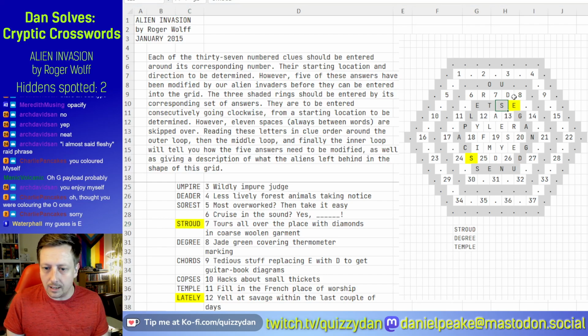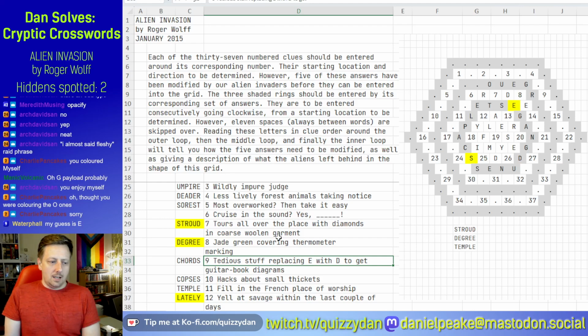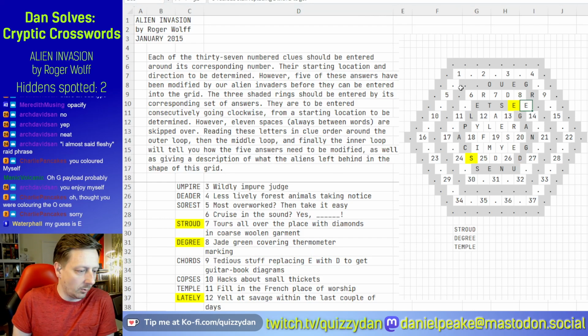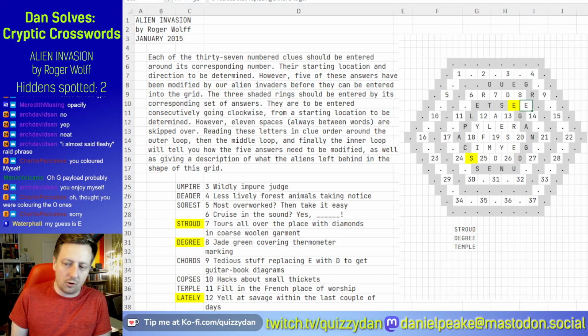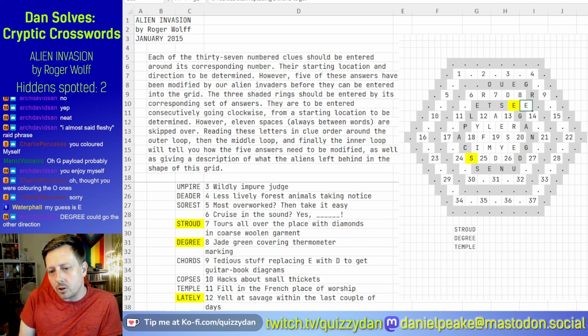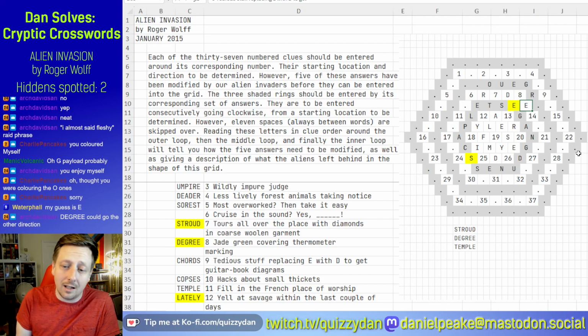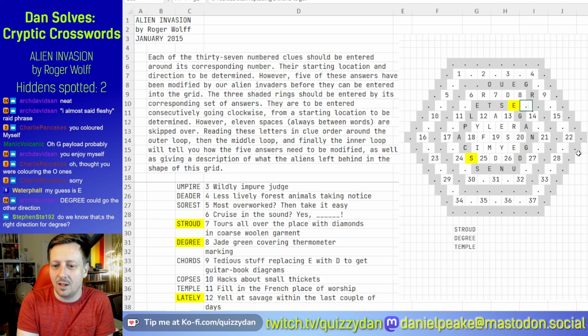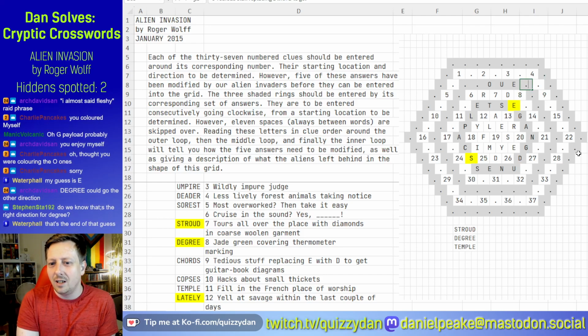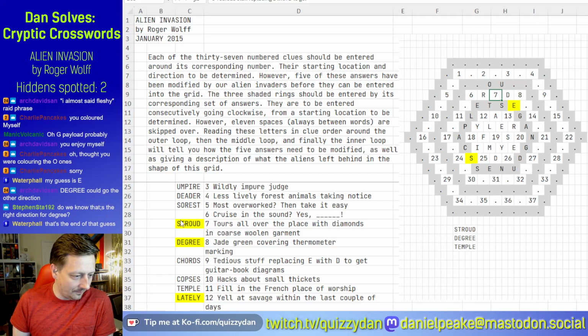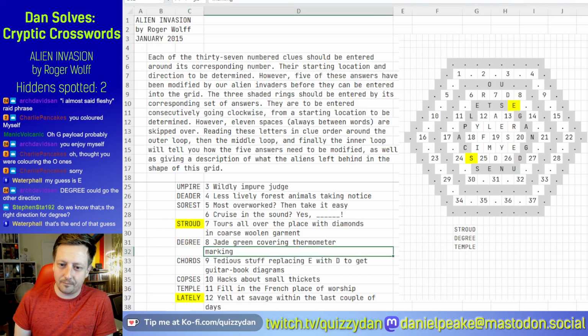And then degree we can now put in. D-E-G-R-E-E. Degree is now in. Not spotting whatever is going on with this 6. Degree could go in the other direction. Could it? D-E-G... Oh, yeah, very well spotted. I think it probably does, actually. Well, no highlighting for you. No, naughty degree.